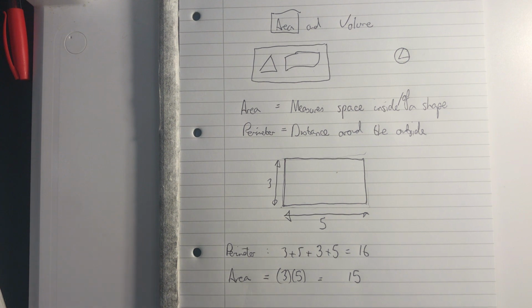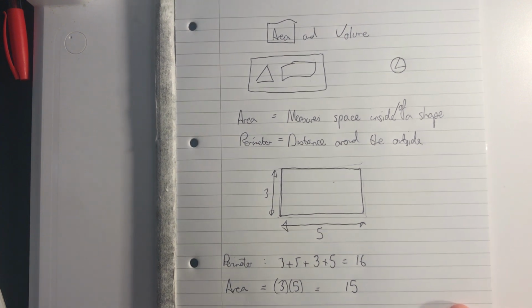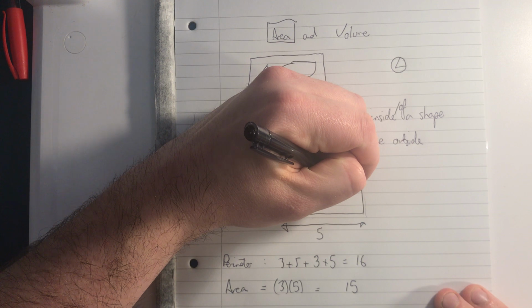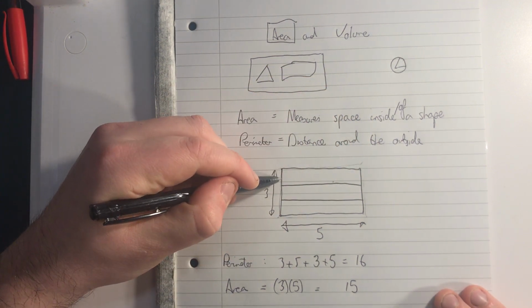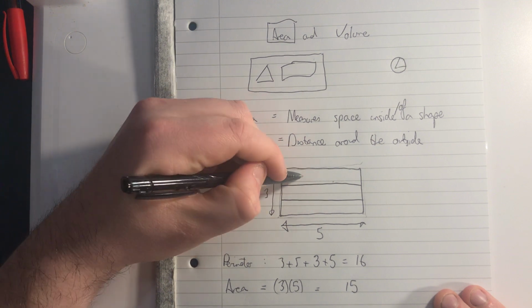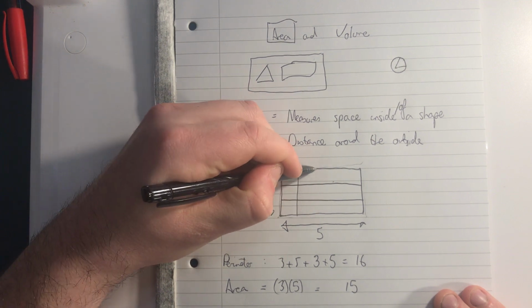Now, perimeter just kind of makes sense, right? To find the perimeter, we would add up all the individual distances that the ant would travel through. To find area, well, this is actually 3 units high and this is 5 units wide.